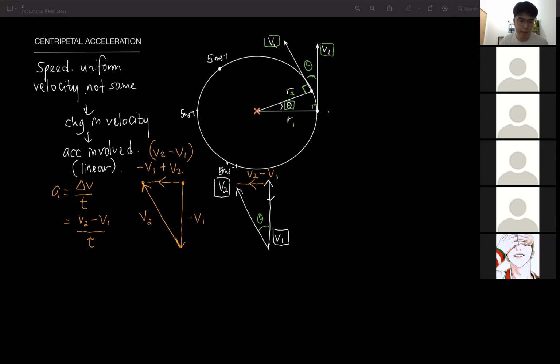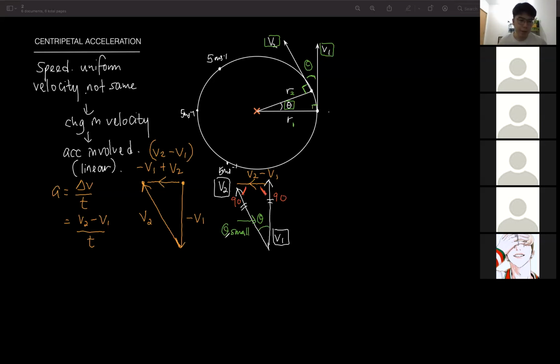That means we get an isosceles triangle. If the angle is very small, the angles at the other two corners add up to about 180. They are the same angle because it's isosceles, and they are approximately 90 each. 90, 90.